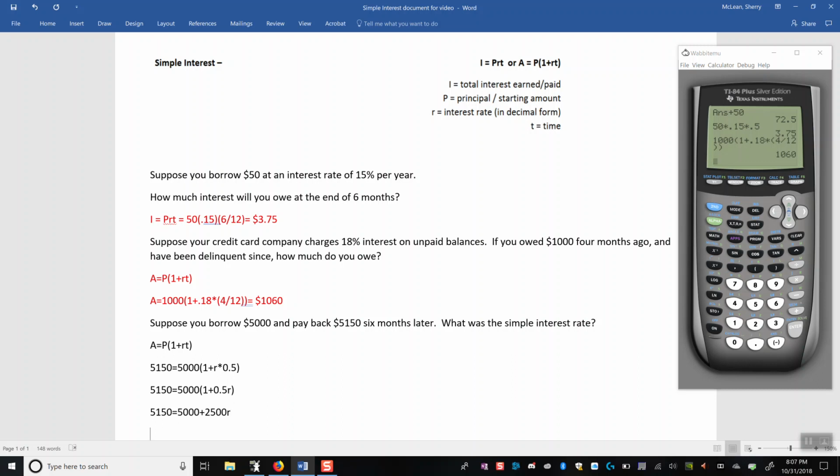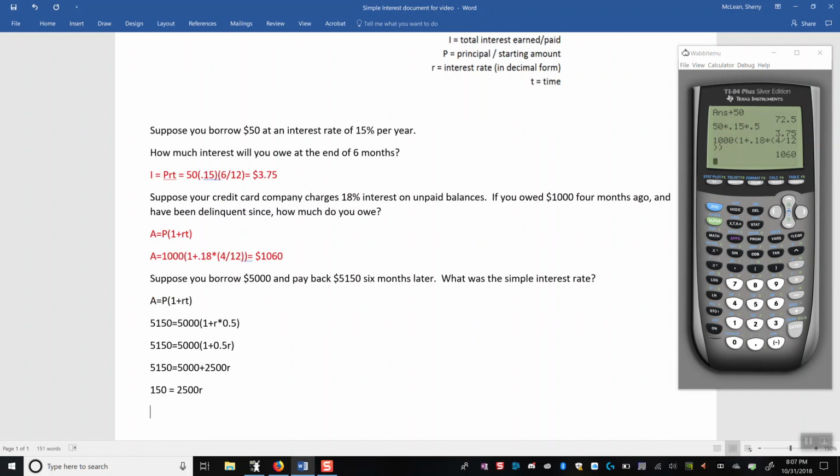Now I can subtract 5,000 from each side, leaving me with 150 equals 2,500r, and then divide by 2,500 on each side. When I do 150 divided by 2,500, I end up with 0.06 on the left side of the equation, and on the right side of the equation, my r is left alone.